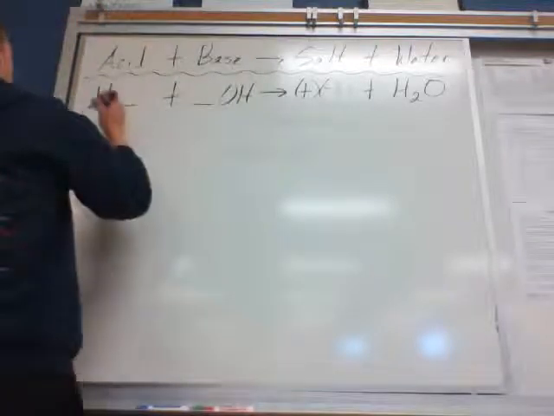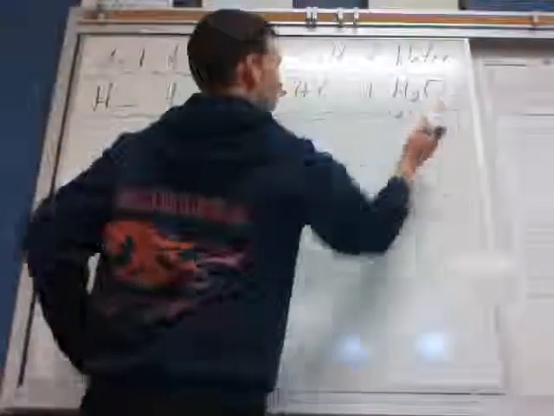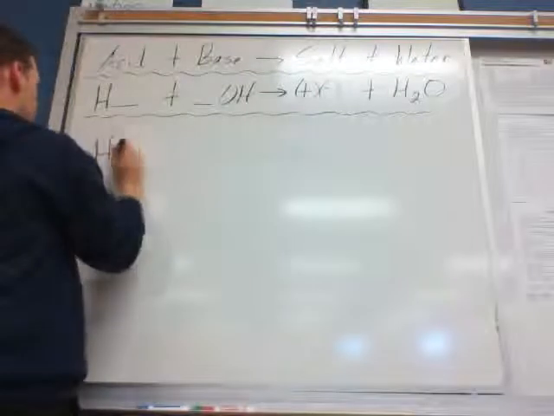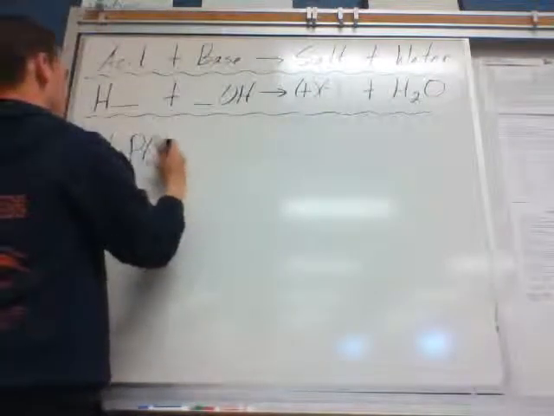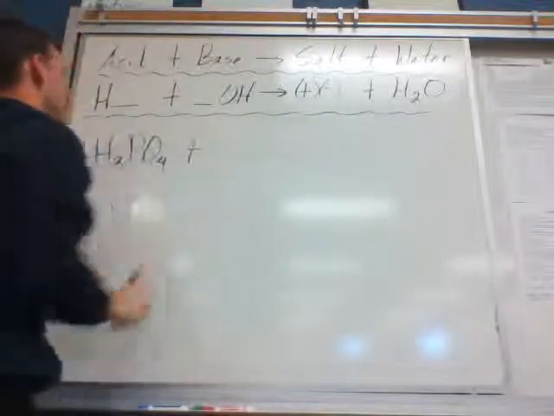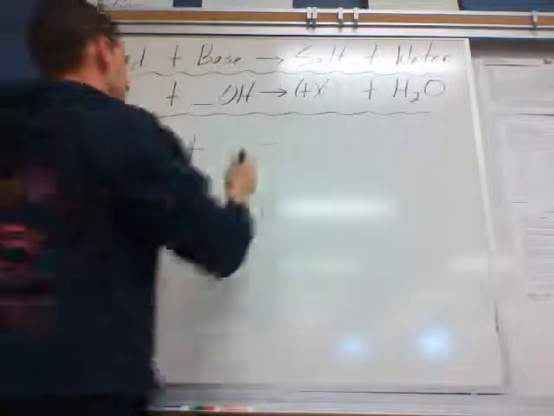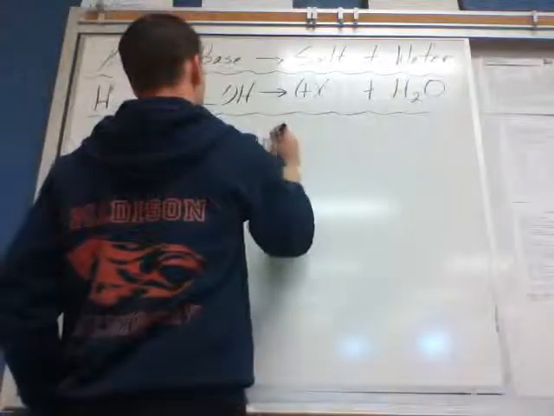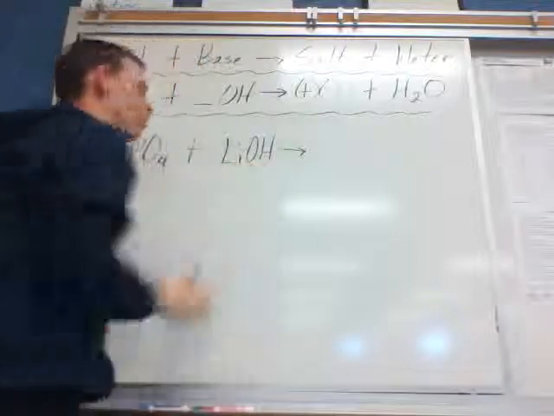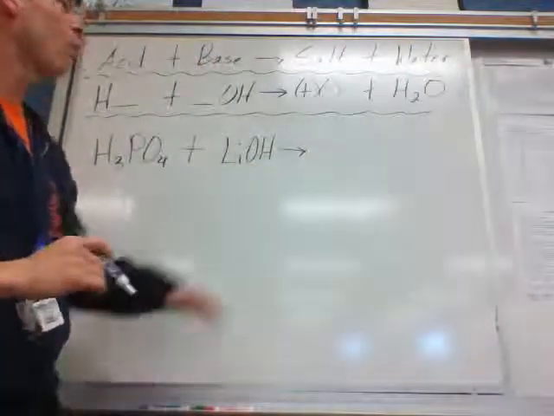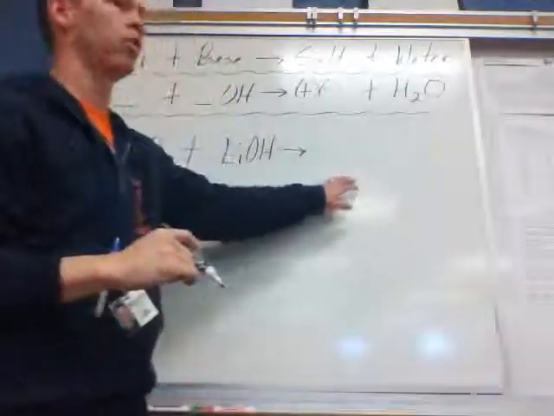So let's go to our example here. You've already written it down, but there's my acid. He starts with an H. Lithium hydroxide is my base. He ends with OH. And now we want to know what the other two guys look like.